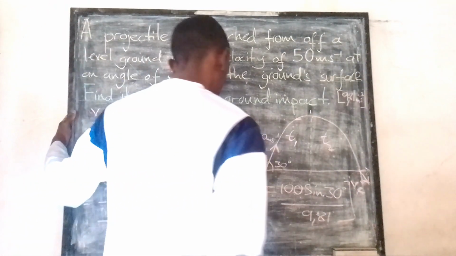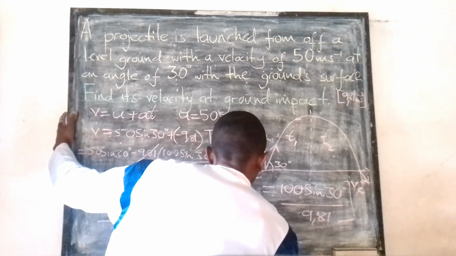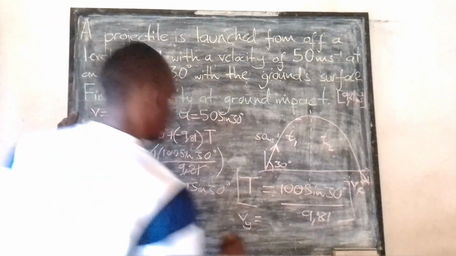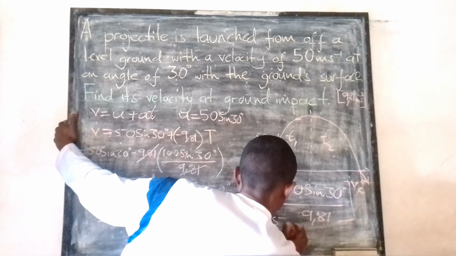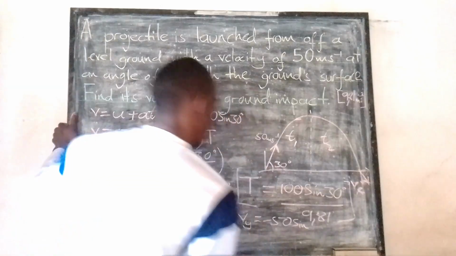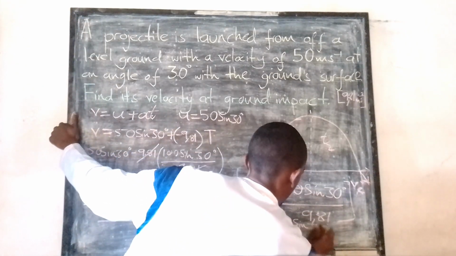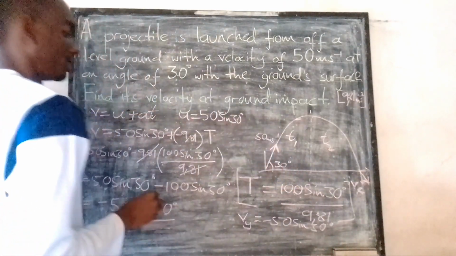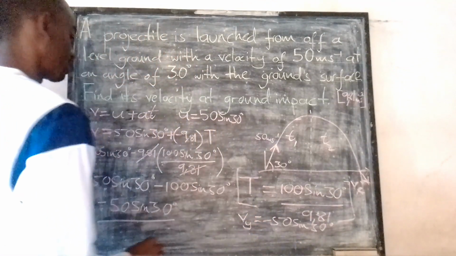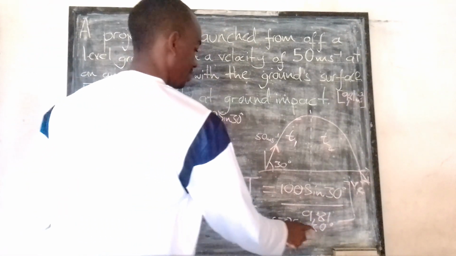So let's write it over here too. Let's call it Vy. What is it? It's minus 50 sine 30 degrees. Now I know this looks like a mess, sorry about that. But this is minus 50 sine 30 degrees.